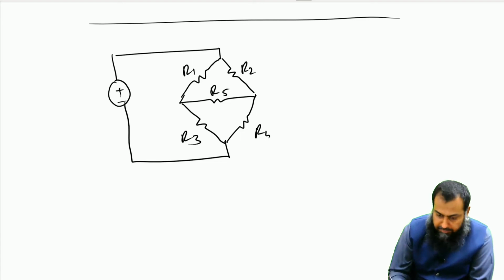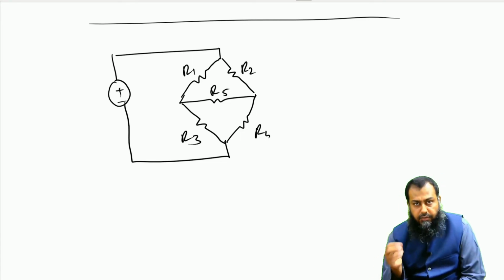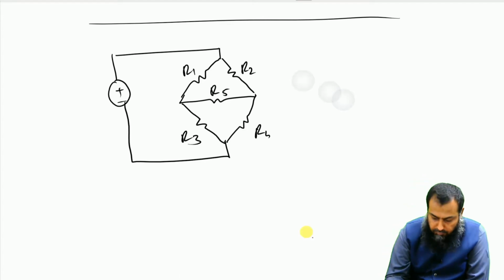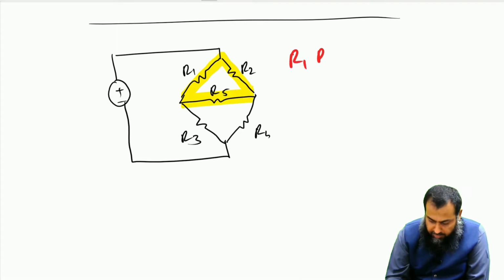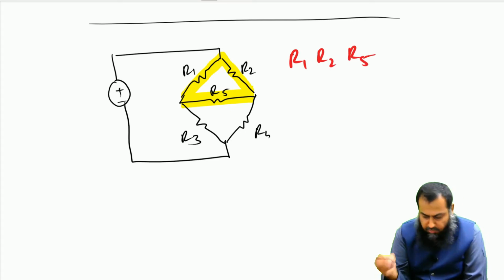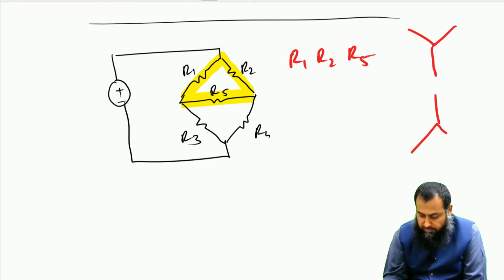By that I mean that we need to find a certain set of equations where we can transform this delta, which is formed by R1, R2 and R5, into a network where it can be represented in terms of this thing, or in terms of this thing.